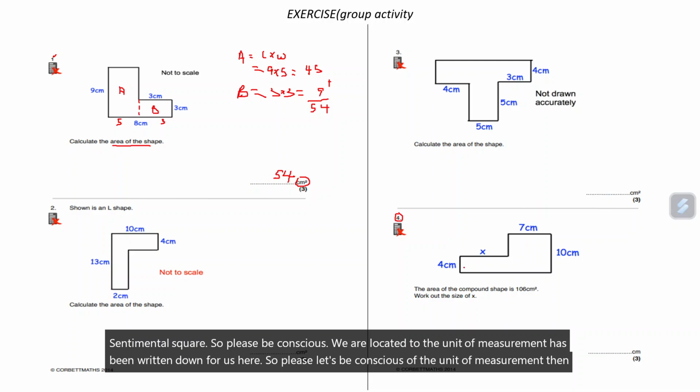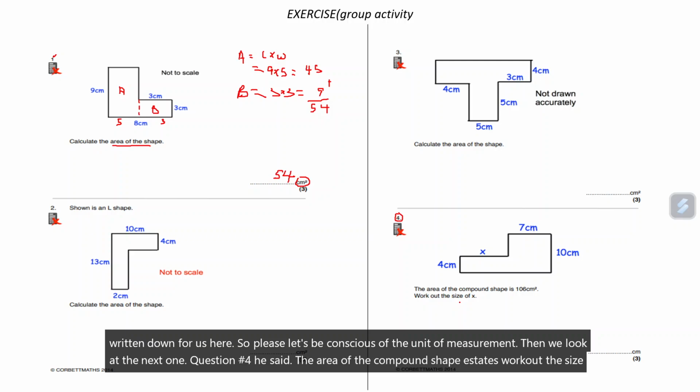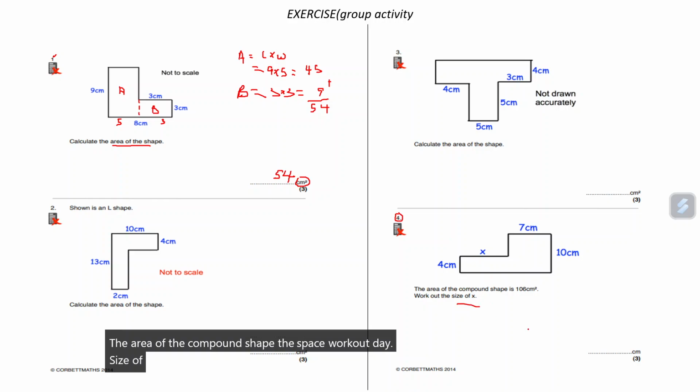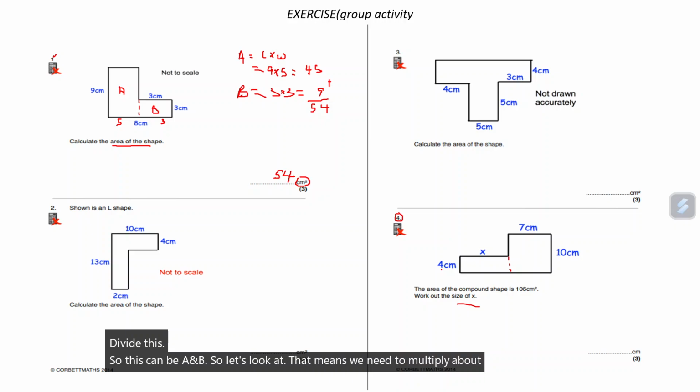Then we look at the next one, question number 4. It says the area of the compound shape is this. Work out the size of x. To solve this, as usual, let's divide this. So this can be A and B. That means we need to multiply by this and multiply by this.